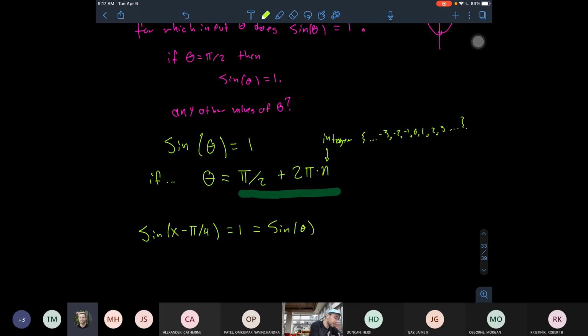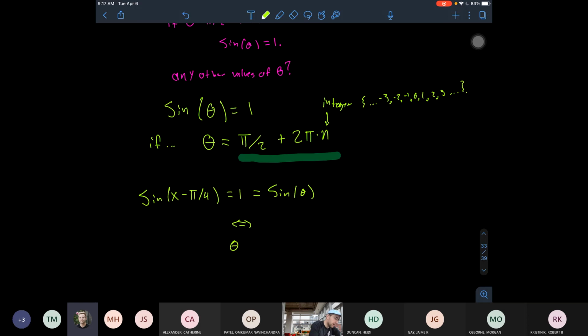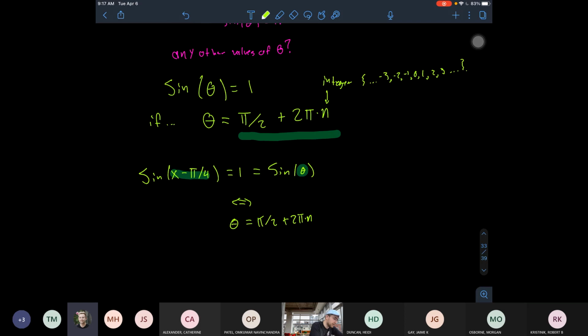And we know this occurs if and only if theta is equal to pi over 2 plus 2 pi times n. And so if sine of some angle is equal to sine of some other angle, then we know that these two angles should be the same. So we can go ahead and equate also x minus pi over 4.